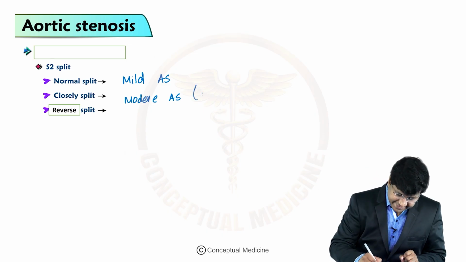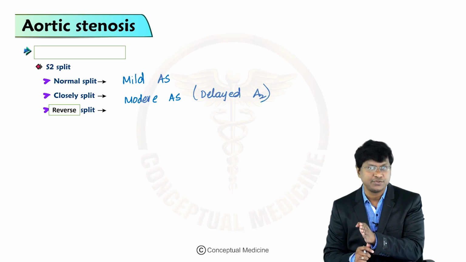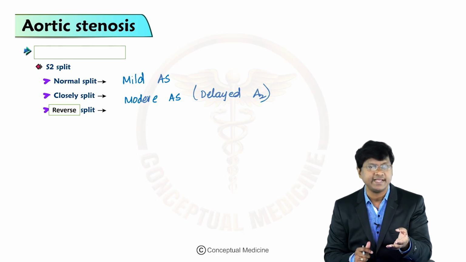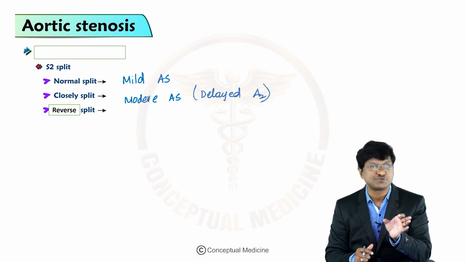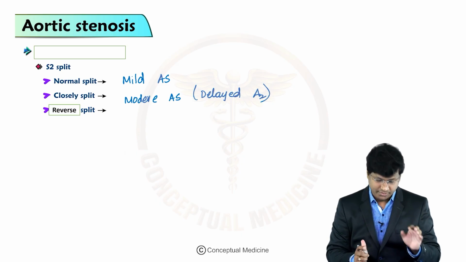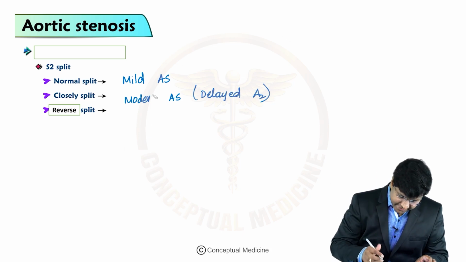Because of delayed A2. So A2 will go near your P2 because there is delayed emptying. So thereby the closure of the aortic valve is also delayed, and you will have a closely split second heart sound. Closely split second heart sound is seen in moderate aortic stenosis.